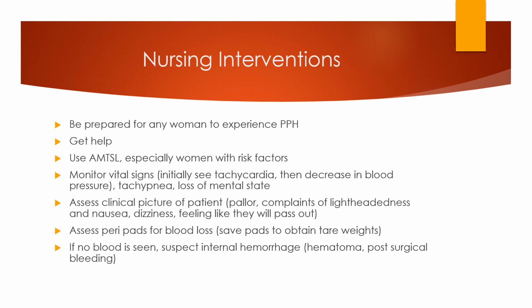So just remember that. Assess peri pads for blood loss, and you want to save the pads because you're going to do tare weights, weighing saturated things against the dry things, so you can get a really accurate blood loss measurement. If no blood is seen, suspect internal hemorrhage.